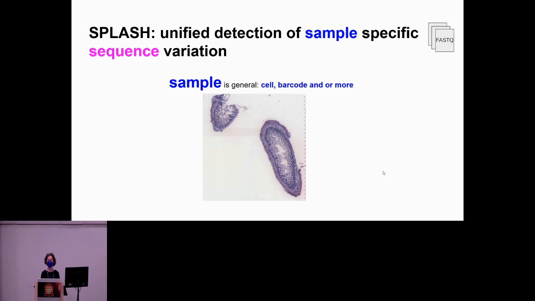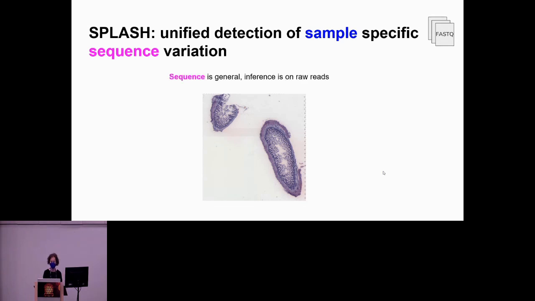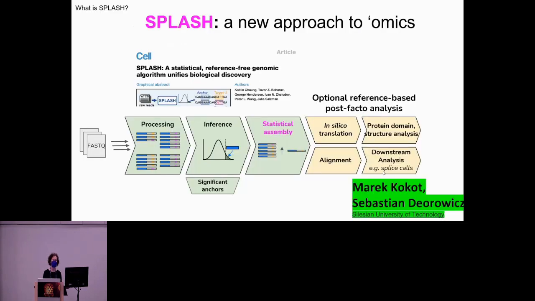So if you're doing spatial transcriptomics, sample can be a spot on an array, or it can be a barcode in a 10x experiment, or it could be a bulk RNA-seq condition, and more. Sequence is also general. It could be DNA, it could be RNA, it could be methylation data, and you could pick your type of data, it doesn't matter.